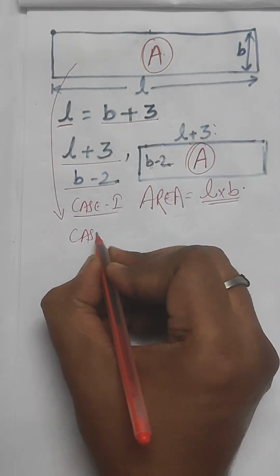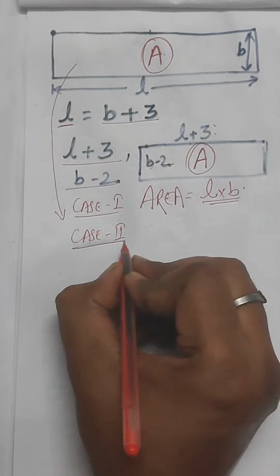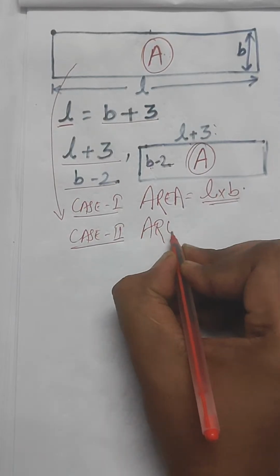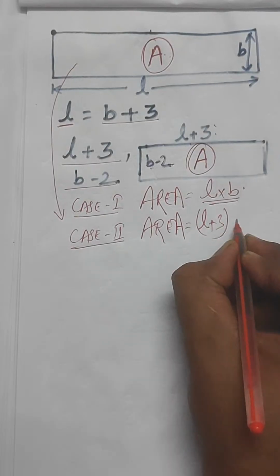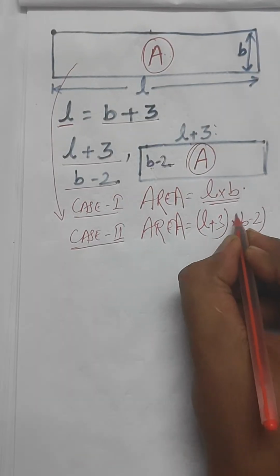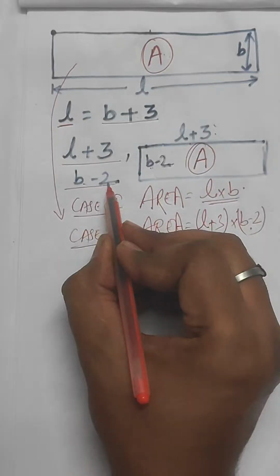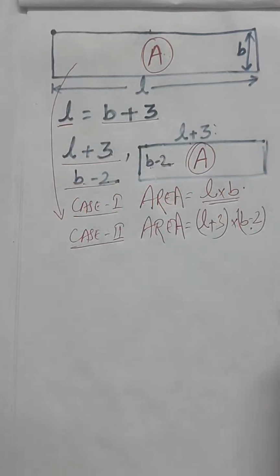In case 2, the new area will be equal to L plus 3 into B minus 2, because breadth is decreased by 2 and length is increased by 3.